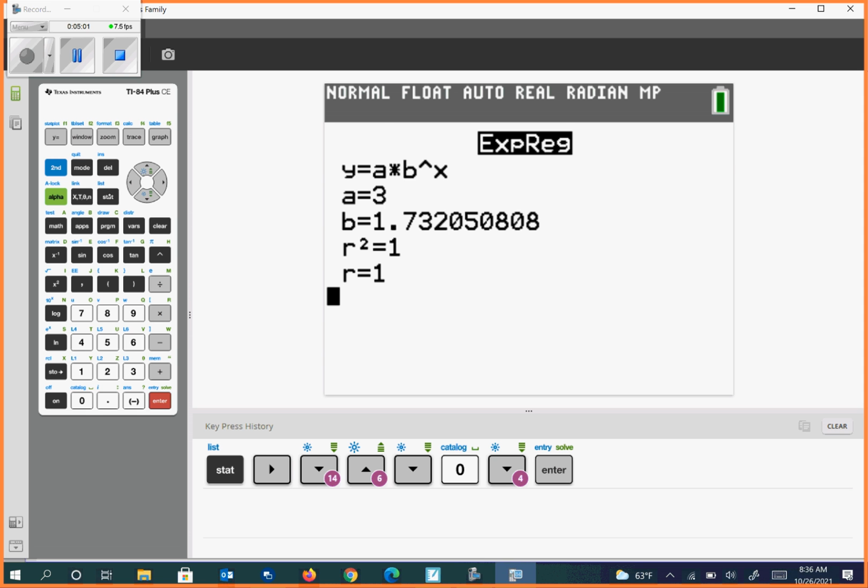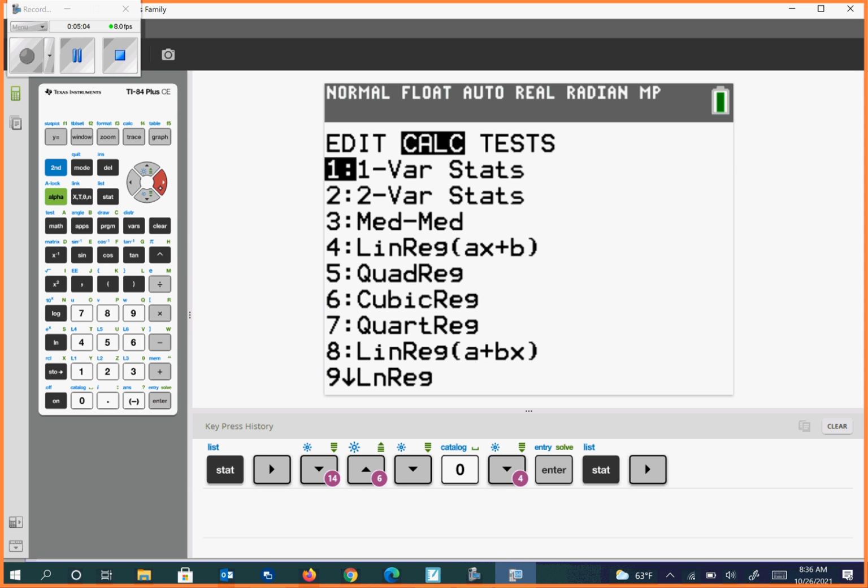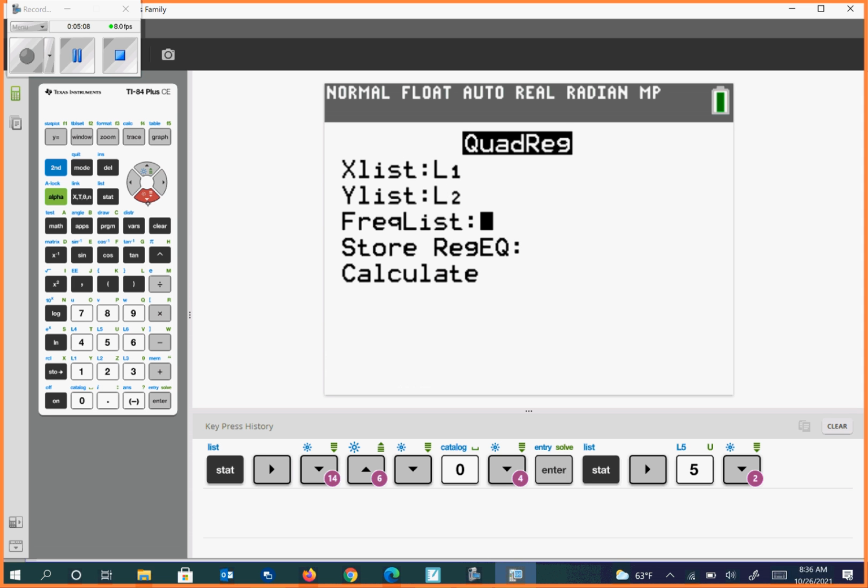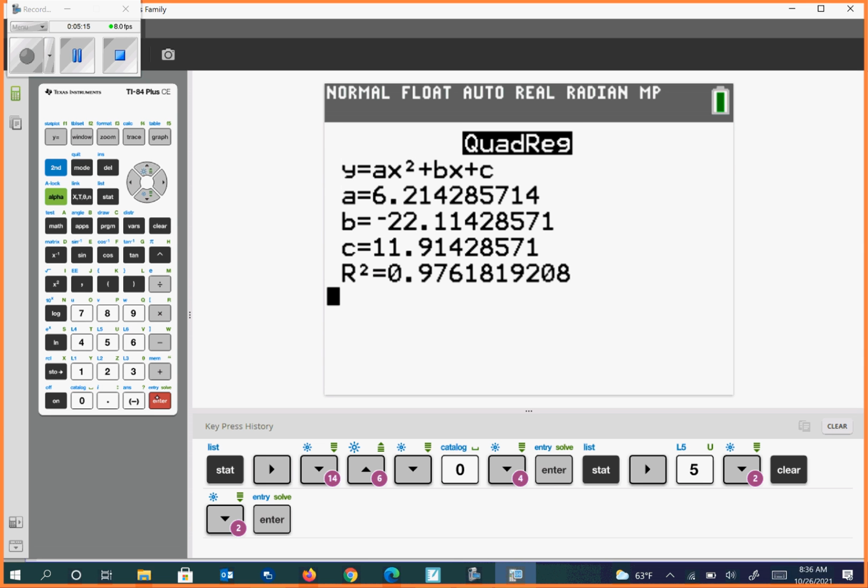But a lot of times when you do one of the regressions, like let's go back to this, let's turn our thing into stat, calculate. Let's do a quadratic regression. I think the quadratic regression will only have an r squared value, and it doesn't have an r value.